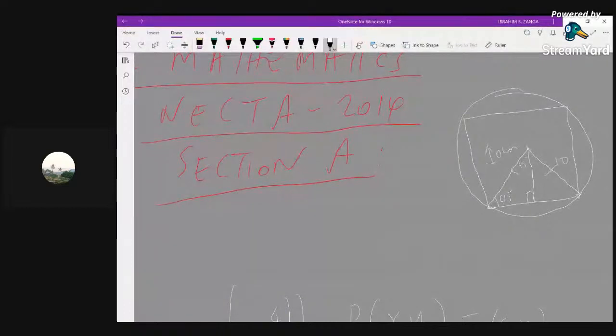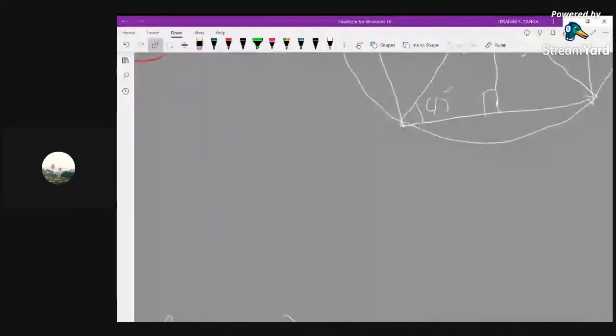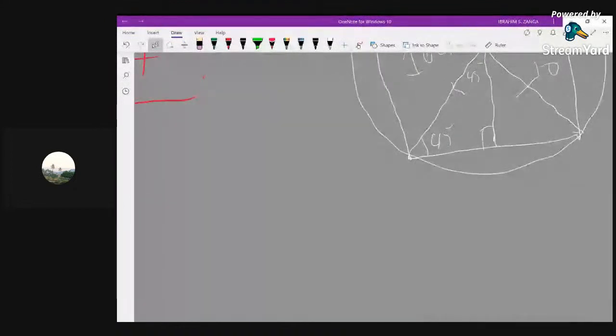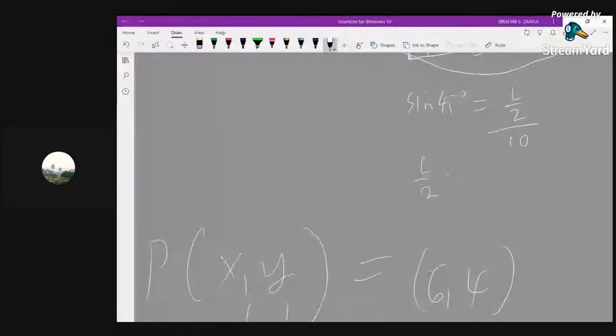So actually to get the side here, this is L over 2, L over 2, it means half of the side of a square. I'm going to use the concept of sine. I'm going to say sine 45 equals L over 2 divided by the radius, which is 10 centimeters. So L over 2 equals 10 sine 45.